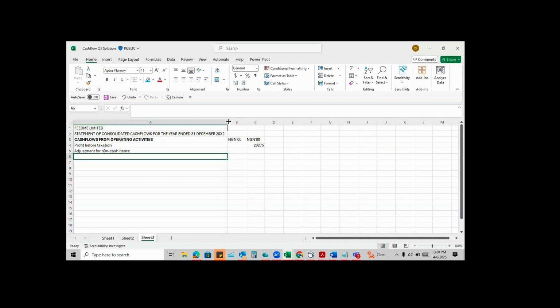This adjustment is also for items that are not supposed to be part of the operating activities, incomes or expenses that you have modeled together when you were doing your income statement.